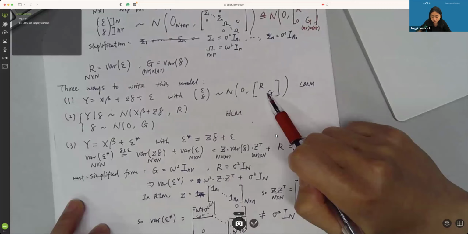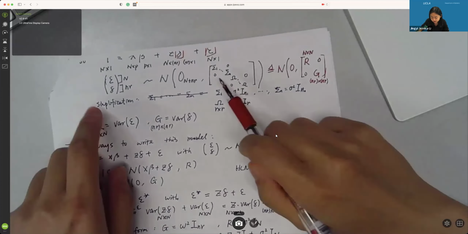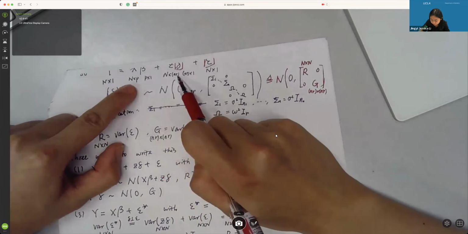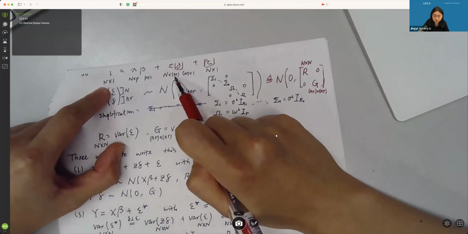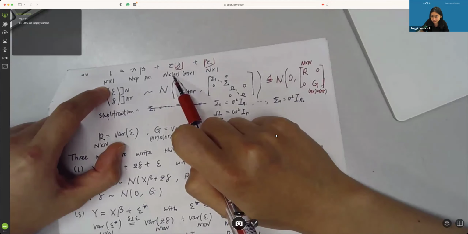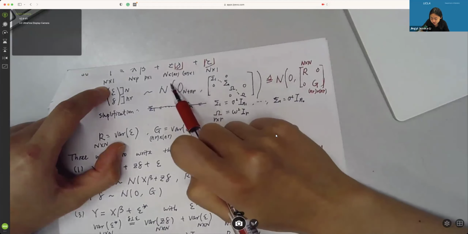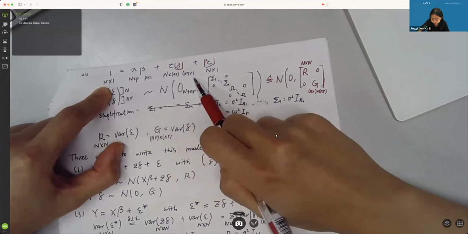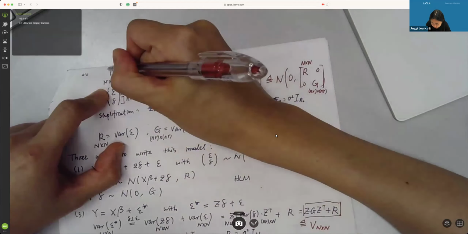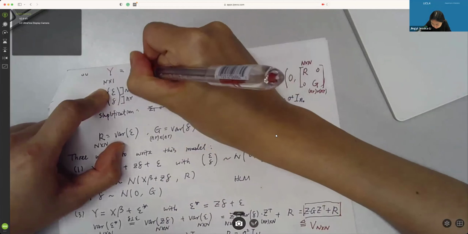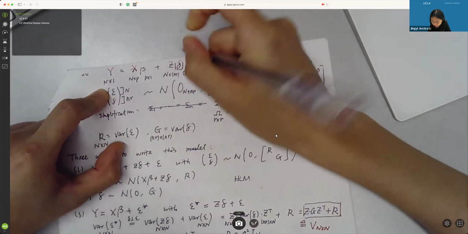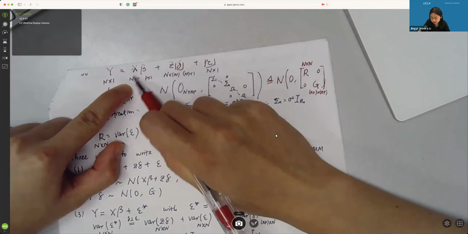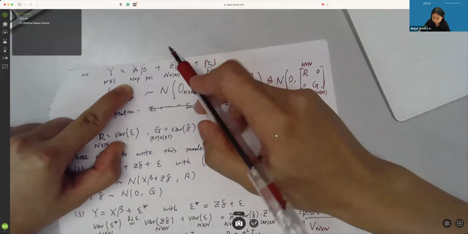Last time we spent quite some time talking about stacking, if you remember. We have small n groups. Each group has sample size small n_i, and the sum of the small n_i is big N. So the X design matrix is big N by p after stacking all the groups together.